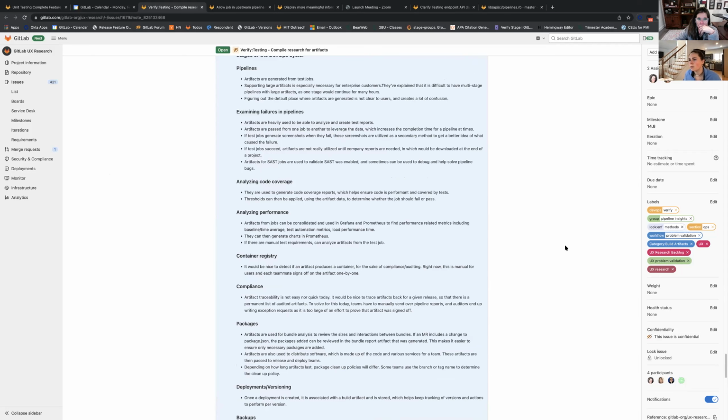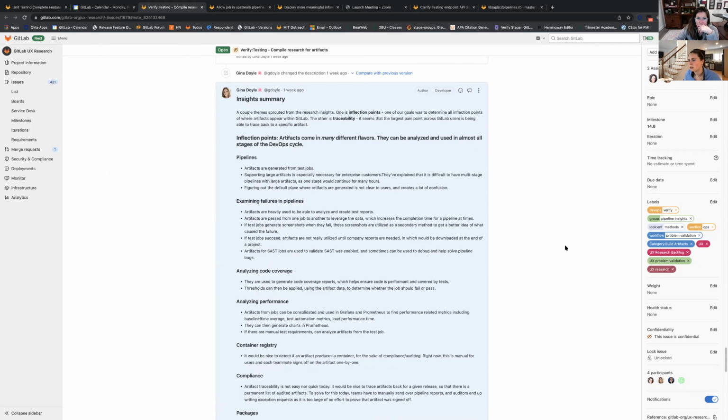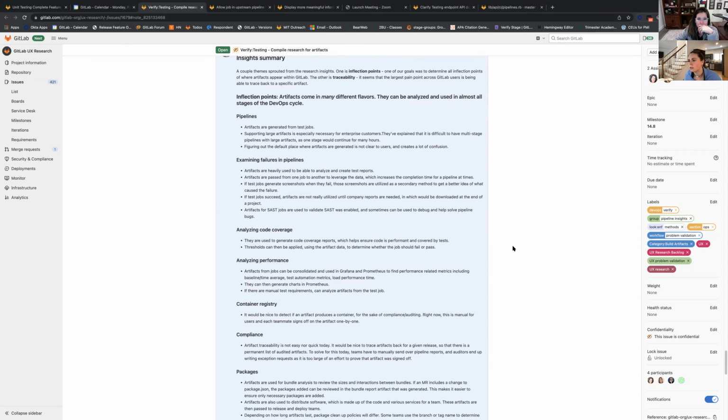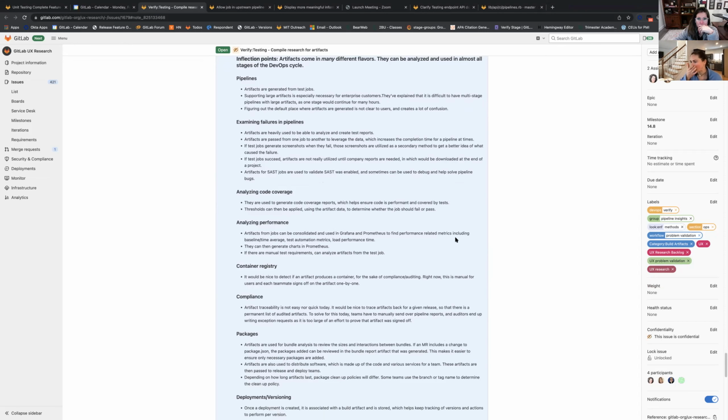And maybe being able to manage the storage better than we're allowing today. This completely connected with artifacts. I don't know, there's definitely more that goes into storage, but this one was specifically about artifacts.